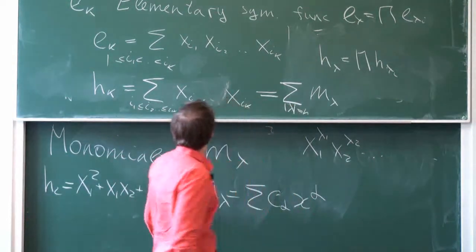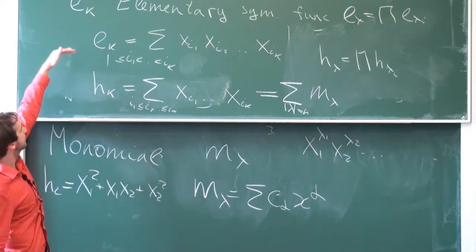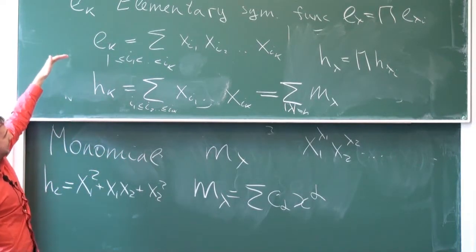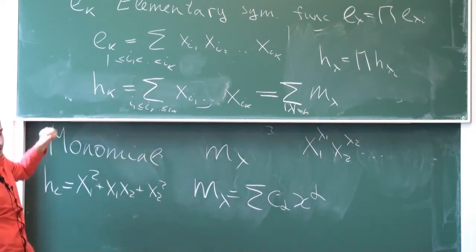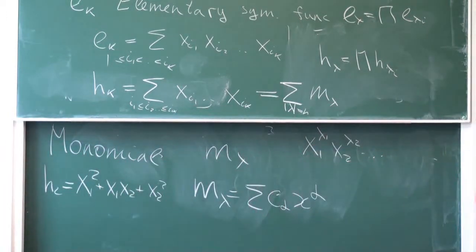Okay, now next thing that we need is to find some relations between these elementary symmetric functions, complete homogeneous functions, and so on. To find some relations between them, we will need to introduce some generating functions.